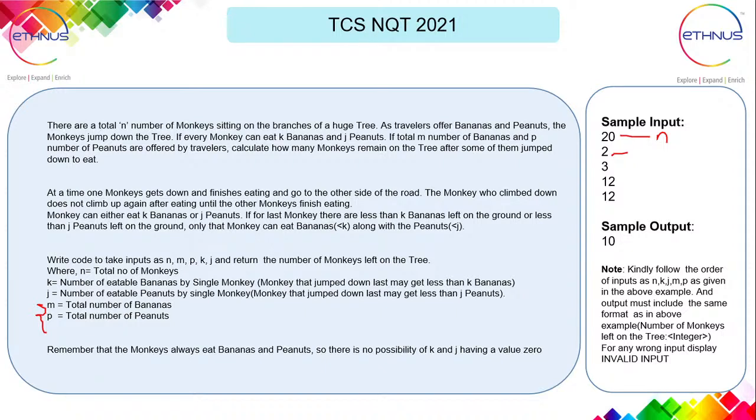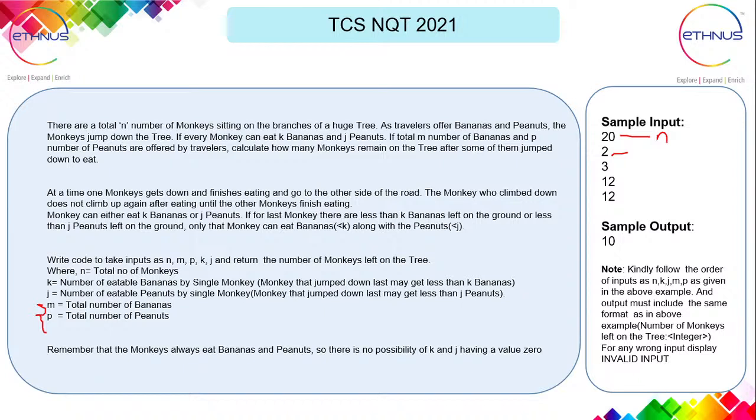So here we take 12 and divide it by 2. We get 6, so 6 monkeys can eat all the 12 bananas. And we have 12 peanuts; we divide it by 3 and we get 4. So 4 monkeys can eat peanuts.